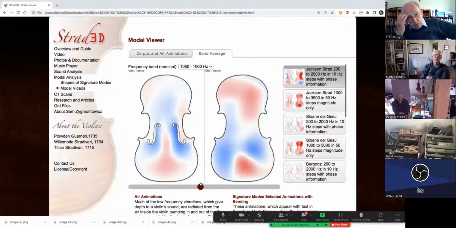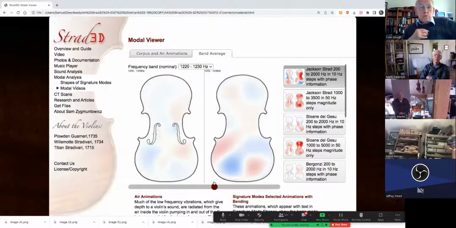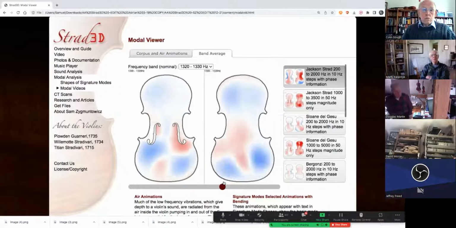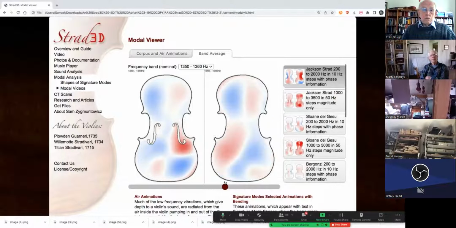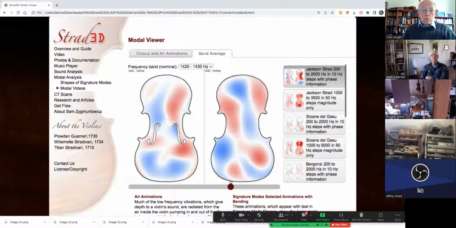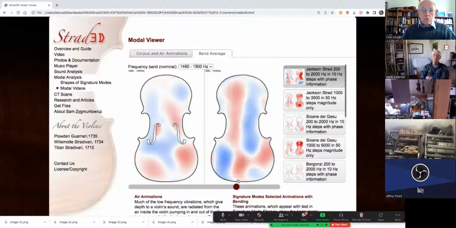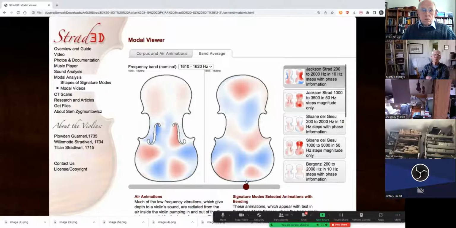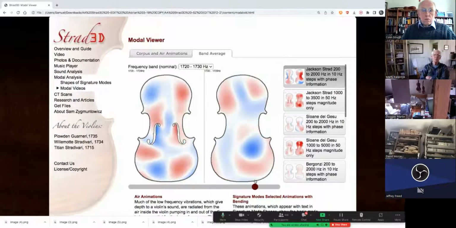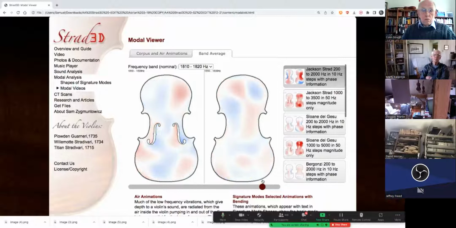There's a lot where you can really see the center is flexing. Then as you go up more, another flex, and then sometimes just one F-hole going, then the other one. Then as you get higher, you get other areas going, and when you get into the highest regions, I'm going to skip ahead.